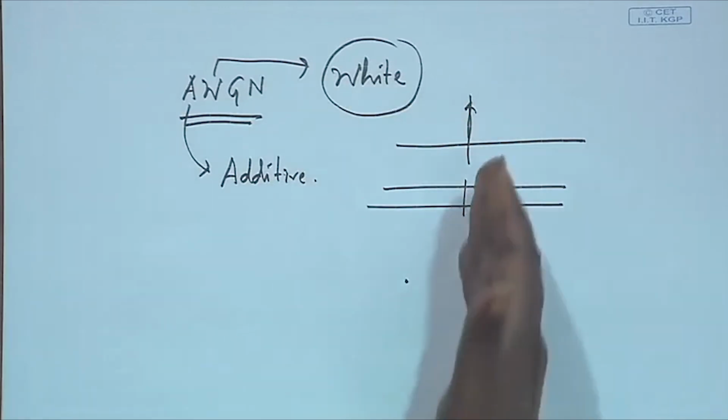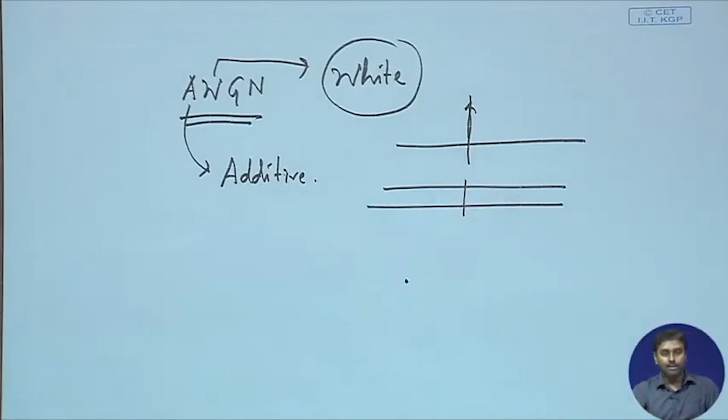That means it has all the frequency components with equivalent strength. It just comes from the concept of white light. So, what is white light? It has all the wavelengths that characterize different light, either violet or blue or any other. So, all those are equally added to create white light.